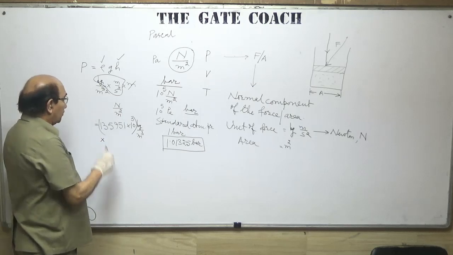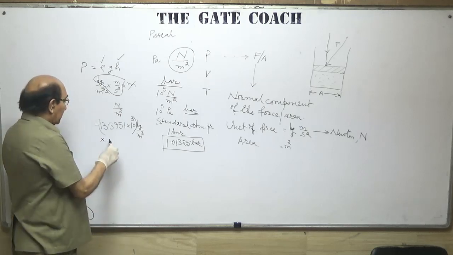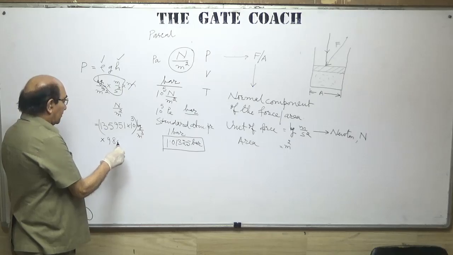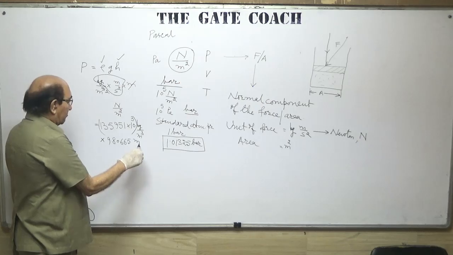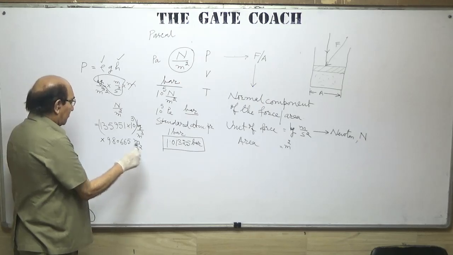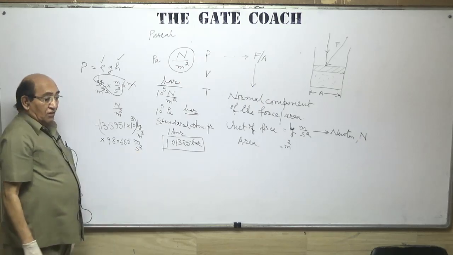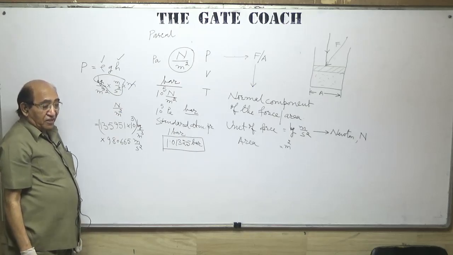Next is g, which is 9.80665 meter per second square. If you write 9.81, that holds good for your calculation purposes otherwise.